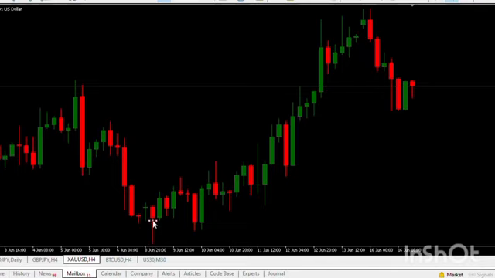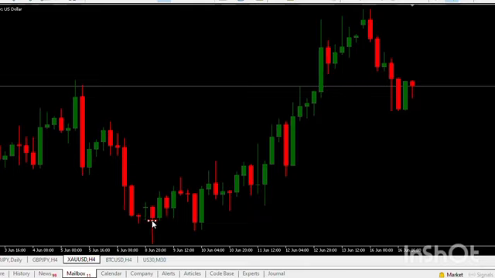When sellers were pushing down, sellers were dominant from this bearish engulf candle. From this bearish engulf candle down to this level, sellers were dominant in the market. The market was bearish.